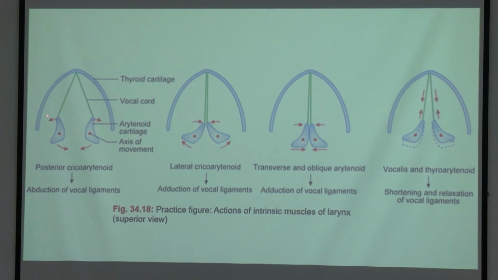The anterior part is triangular, the posterior part is quadrangular. When the posterior cricoarytenoid contracts, this area enlarges and the quadrangular area becomes triangular, with its apex directed back.